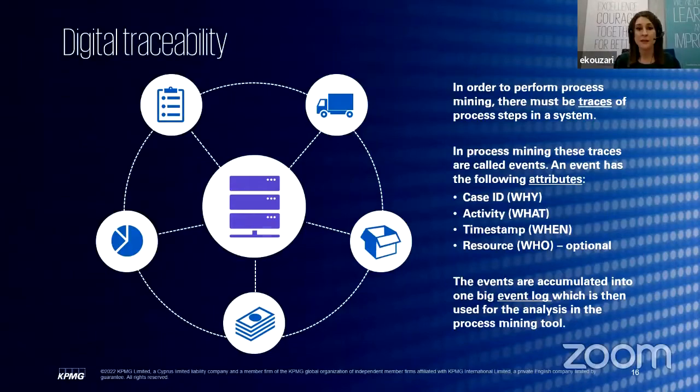We need the activity, a name of that action, so as to visualize it on a process map. And we absolutely need the timestamp, the when, because the timestamp is what will define the sequence of steps, and it's of course what will define any bottlenecks, delays, or optimizations that can be performed in a specific process.